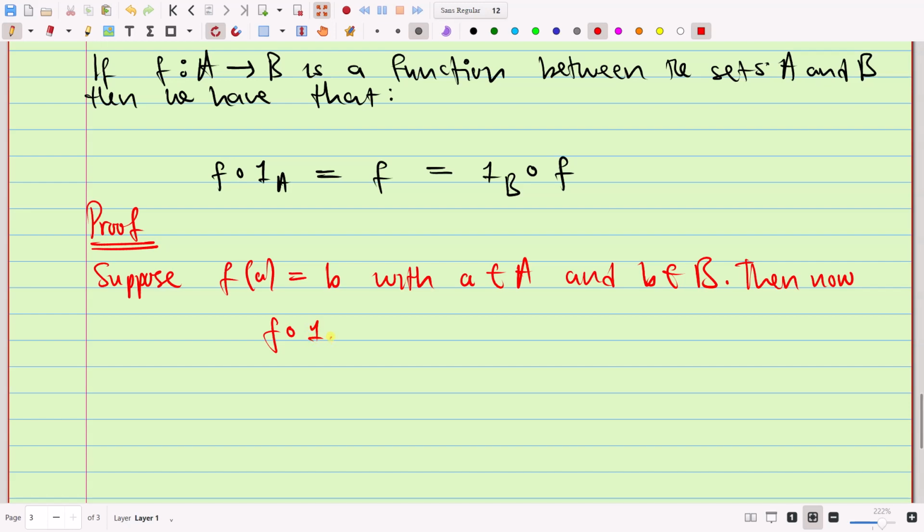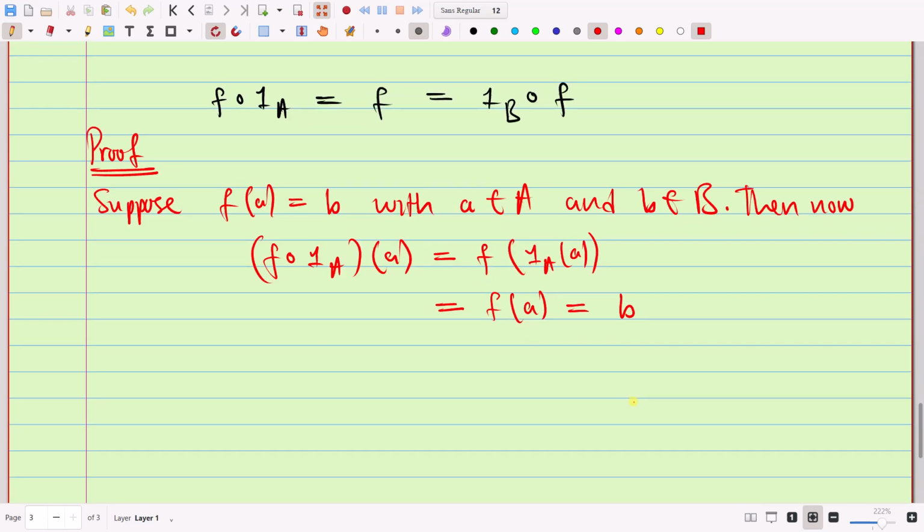Now let's find what is f of 1A with argument a. By definition of composition, this is just the same as saying f of 1A of a. But we know that when the identity works on the element a, it returns it back. So we just get f of a. So we get b, like that. So that's what we realize.